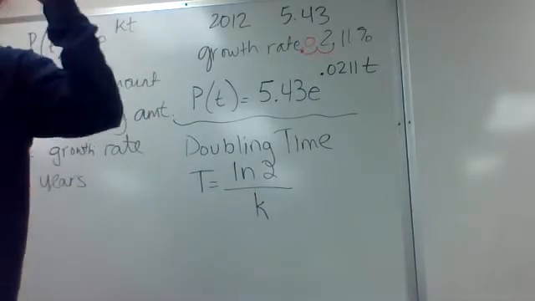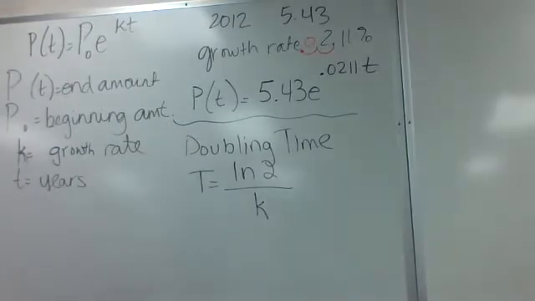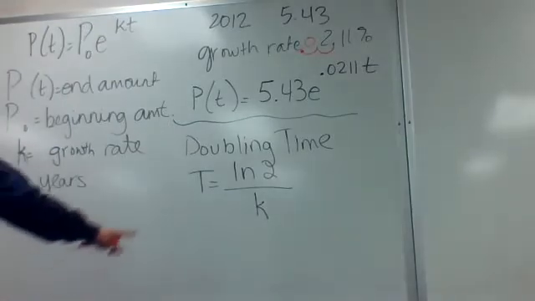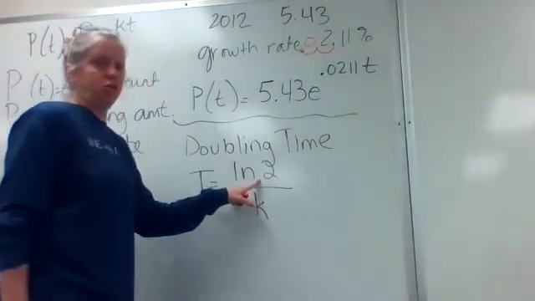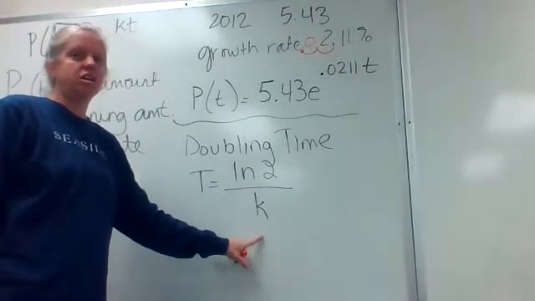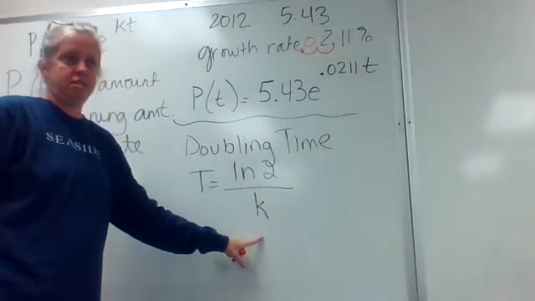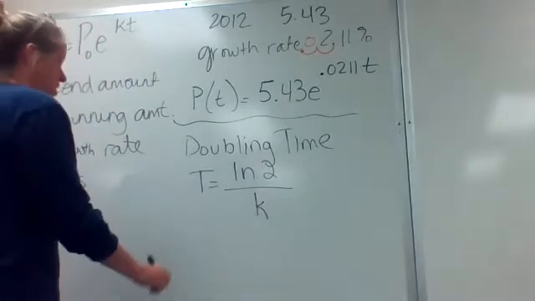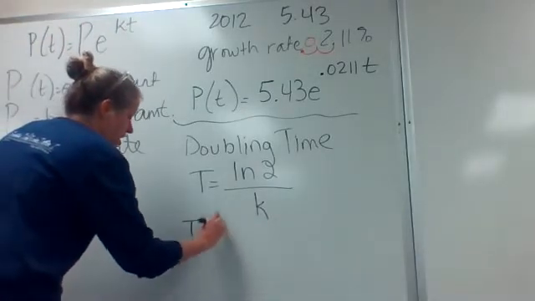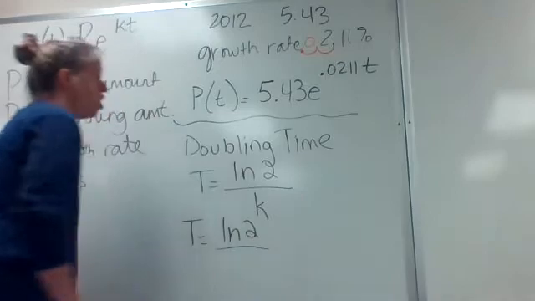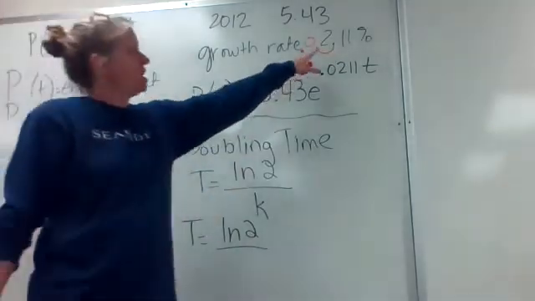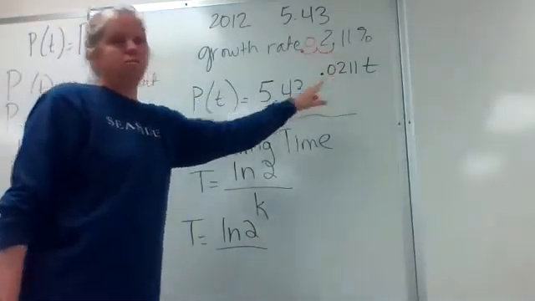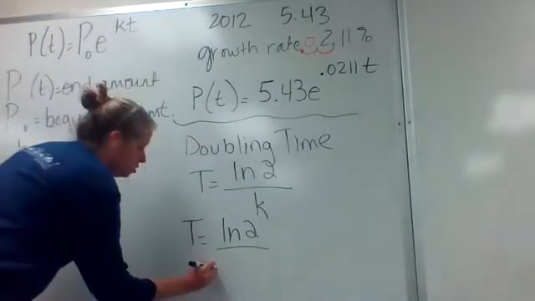All you have to know is the growth rate. Your doubling time is going to be ln of 2 divided by your growth rate. So let's see, this one will be ln of 2 over, what is my growth rate as a decimal? 0.0211.